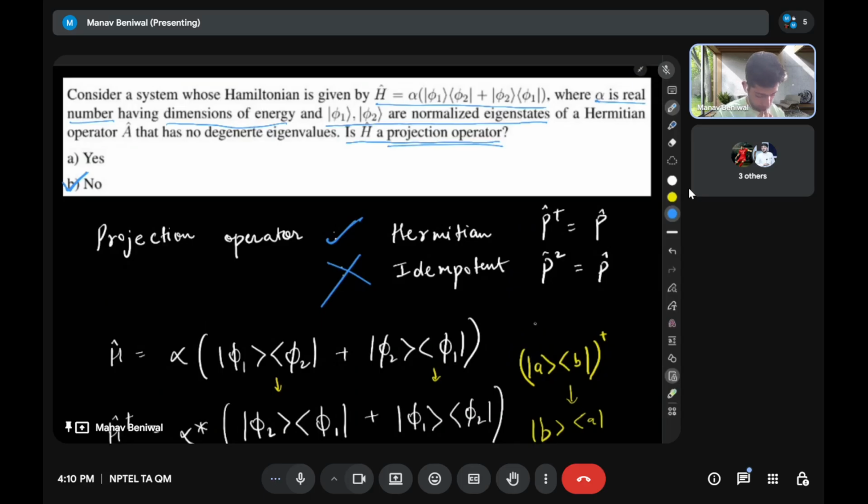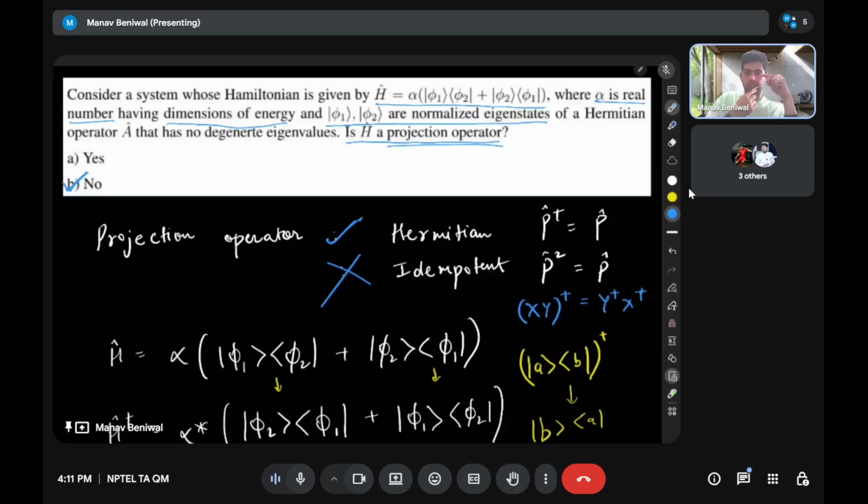So let me write it down here. So (xy) dagger means we have y dagger, x dagger. So this b will come first, and if you take the conjugate, the bra becomes ket and ket becomes bra. This dagger is changing the bra to ket. It's the adjoint, so it is in dual space.